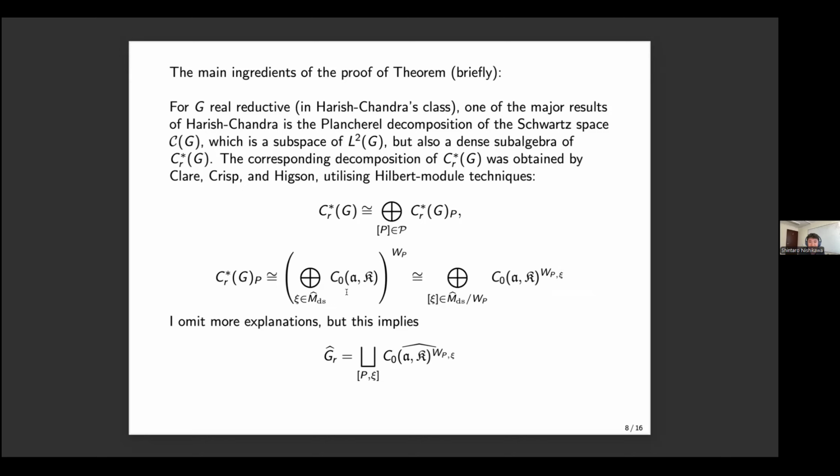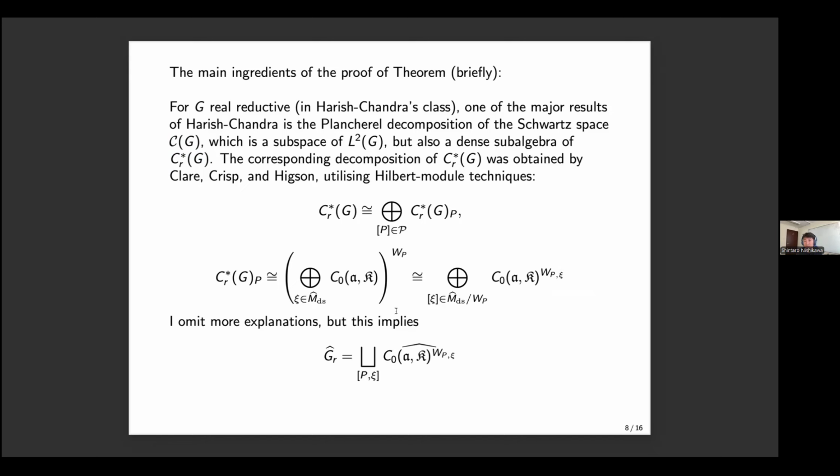This is C0 functions on A, tensor compact operators. So it's a very simple C star algebra. It's just C0 of A valued in compact operators. A is a vector space. And then there's W_P, some root reflections acting on both this algebra and these parameters. And this parameter set is some discrete set of parameters called the discrete series representations of some group.